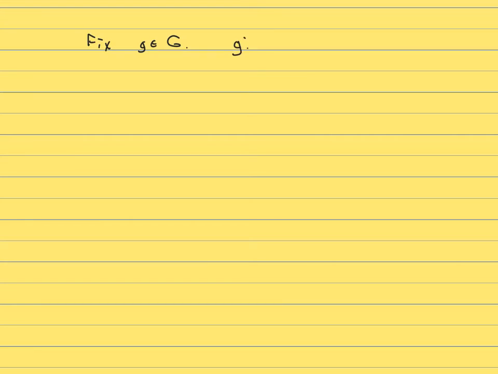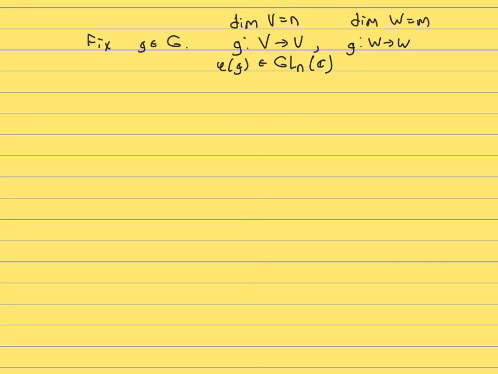Then there's a corresponding linear transformation from V to V and from W to W, because we've got a representation. Let's assume V has dimension n, W has dimension m. I'll use psi of g. So given these two G modules, we get these two representations, we end up with these two matrices.